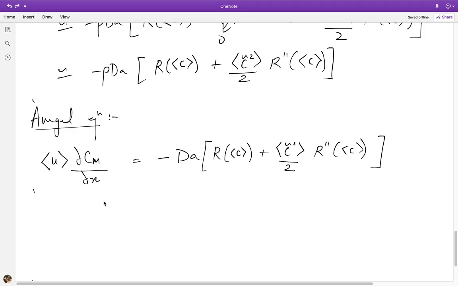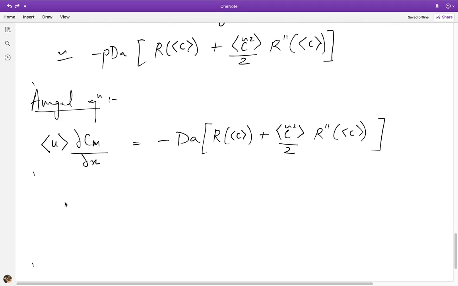But we do know now that if Peclet goes to 0, I expect Cm to be equal to the cross-section average, and I expect C tilde to be 0. So then I get the PFR model.